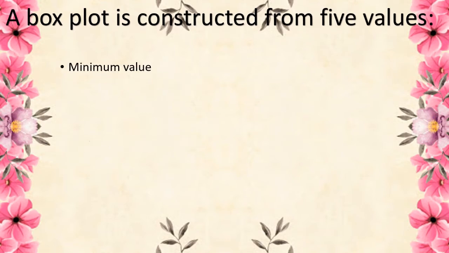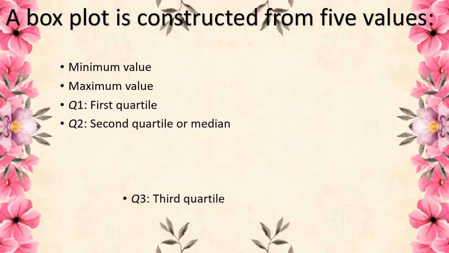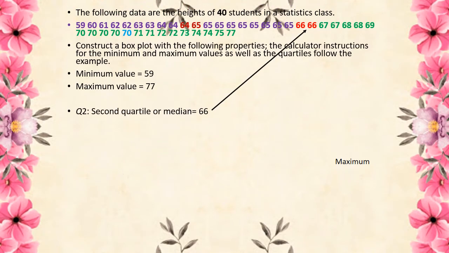A box plot is constructed based on five values: minimum, maximum value, first quartile, second quartile, and third quartile. Consider the given data is 59 to 77. In that, the minimum value is 59 and the maximum value is 77.